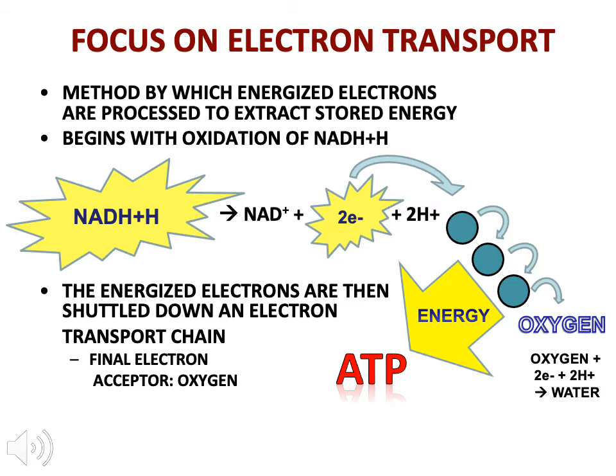The details we will see on our next slide. So, electron transport, what is it? Well, it is an important part of cellular respiration. It is a method by which energized electrons from NADH plus H are processed to extract their stored energy.